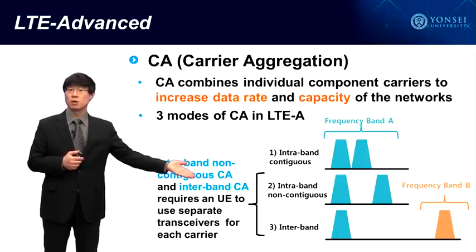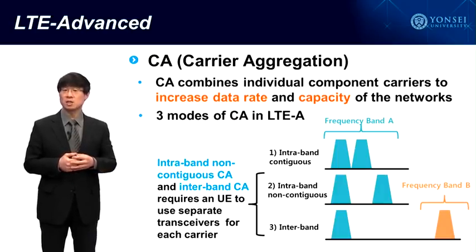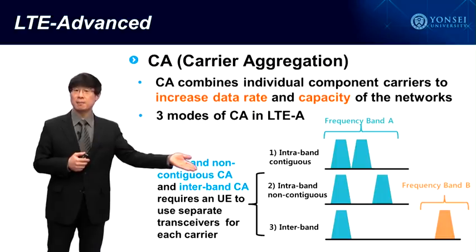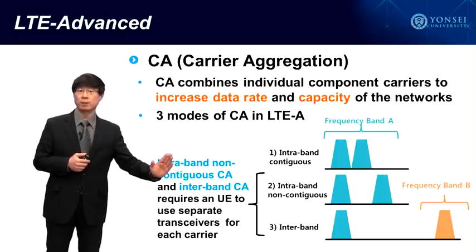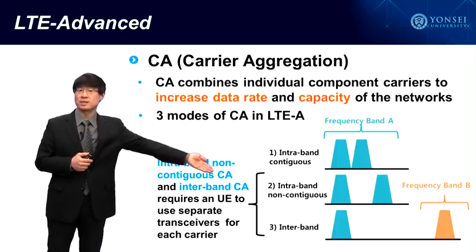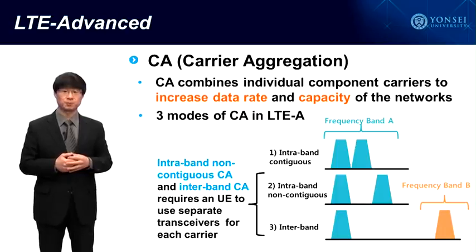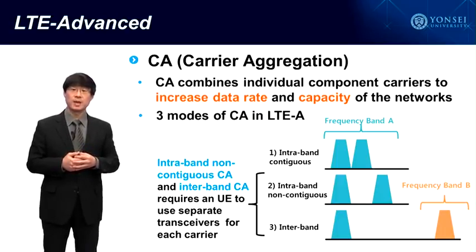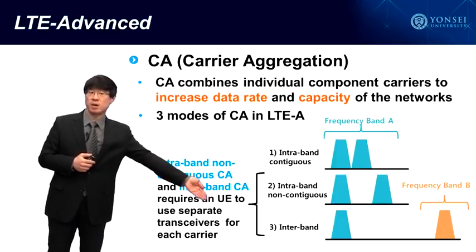Number two, for intraband non-contiguous, these two frequency bands are in the same band, but they're not neighboring. They are actually separated, as you can see there, where it looks like there are two cups that are separated in distance in the middle. The third one is interband technology, the one you see at the bottom.